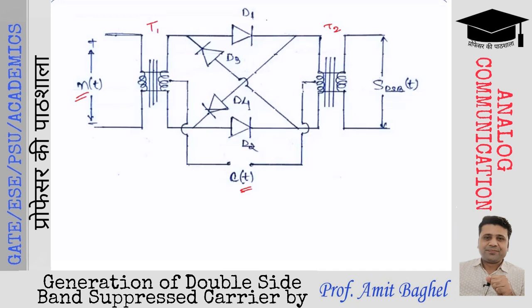We have 4 diodes here, diode 1, diode 2, 3 and 4. और इनका arrangement वैसे ही है जैसे कि एक रिंग में होता है. That means when the current flows in it, it will flow in the conventional manner. So it will flow from the diode D1 in this manner. Then it will flow with this branch and it will pass from the D4 with the same conventional current direction.